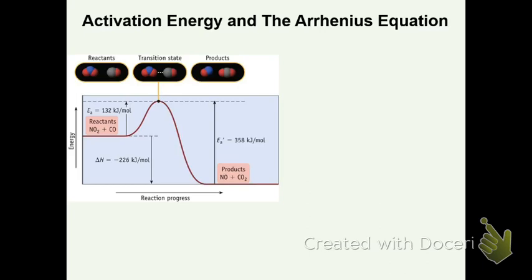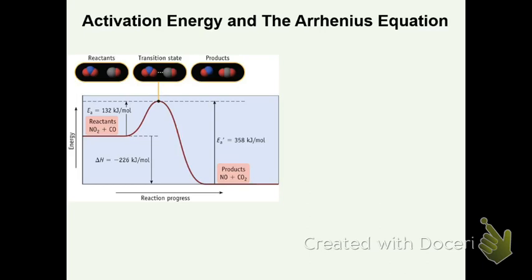So last time we looked at reaction coordinate diagrams, which basically show us the relative energies of reactants to products, as well as the transition state, which is a higher energy species that must be formed in order for the reaction to occur.